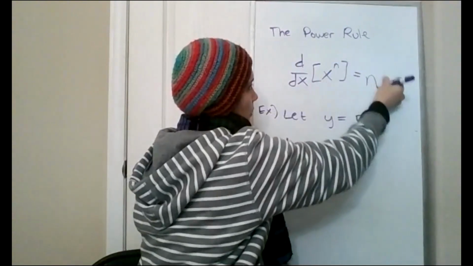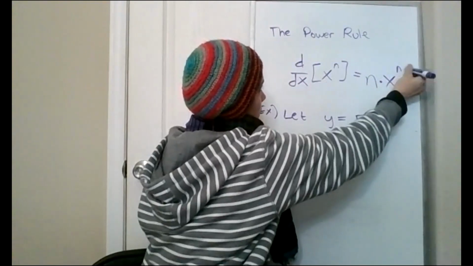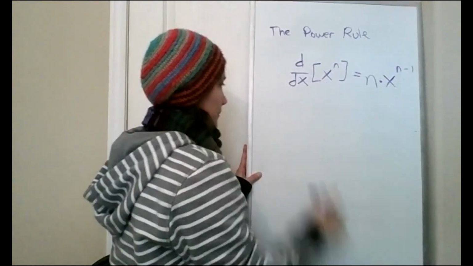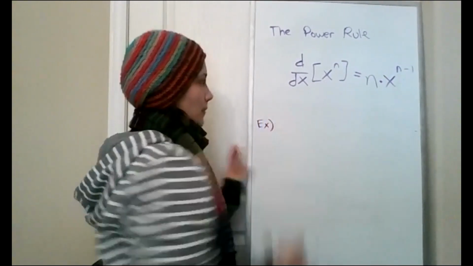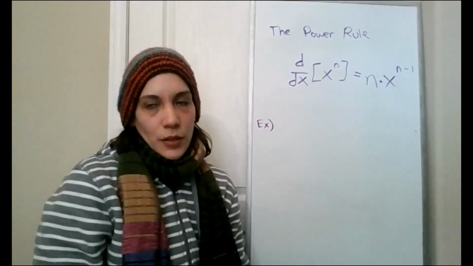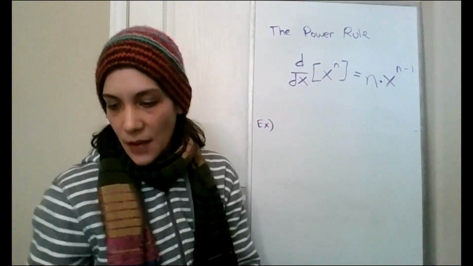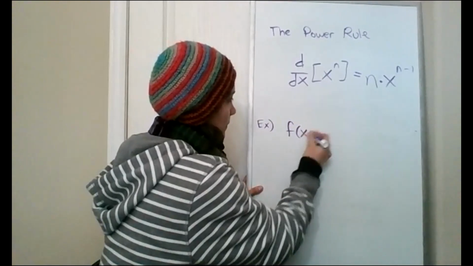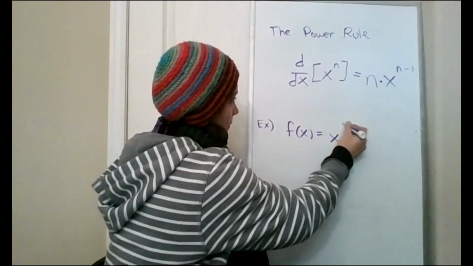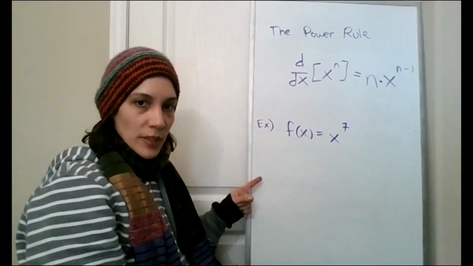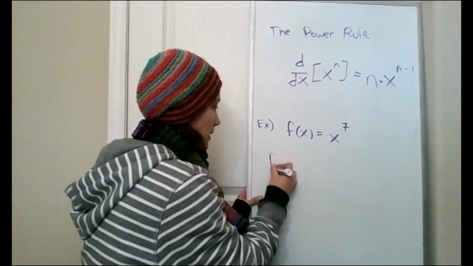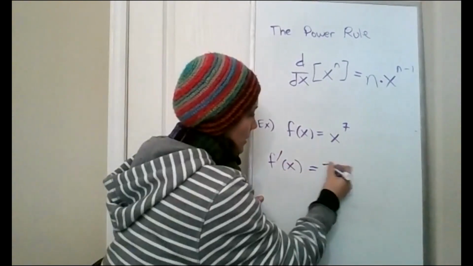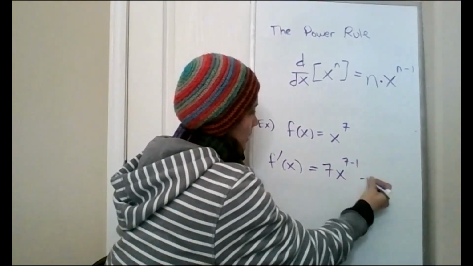So bring down n and multiply. Let's do f of x equals x to the 7th. Take the derivative of f with respect to x. So 7x to the 6th, 7x to the 7 minus 1.